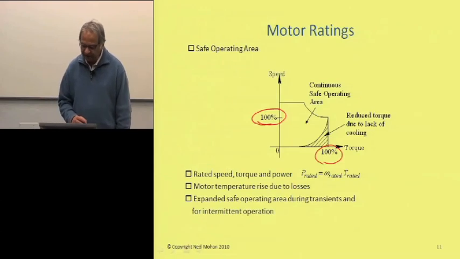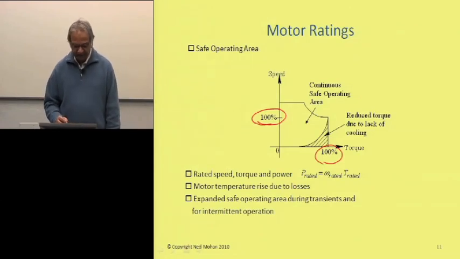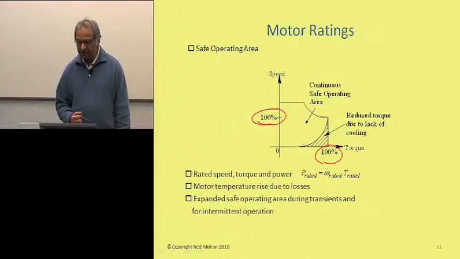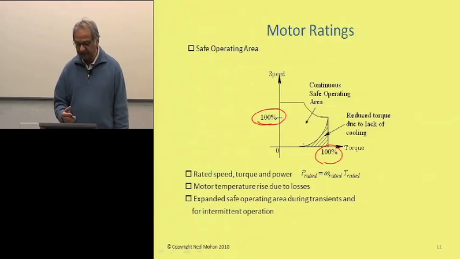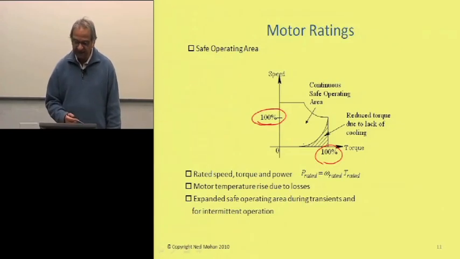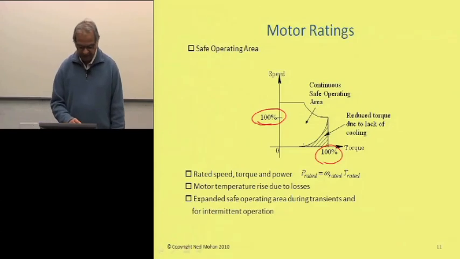So here is a safe operating area, and this area is somewhat reduced at lower speeds because there we have less cooling going on. And so that torque that we can have is reduced at lower speeds. And it's possible to operate this continuous safe operating area under transient and intermittent operation.